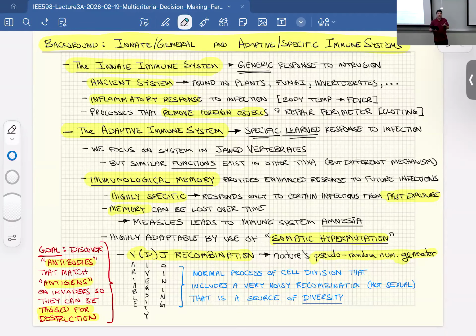And the trouble is you have to figure out which one of these to keep and which one of these to discard. And you need to maintain diversity because you don't know which ones you'll need in the future. Antibodies are looking for so-called antigens. Antigens are a structure on the surface of things that invade your body that shouldn't be there.